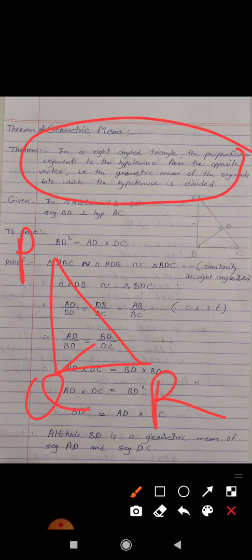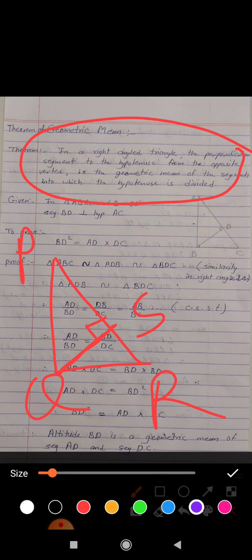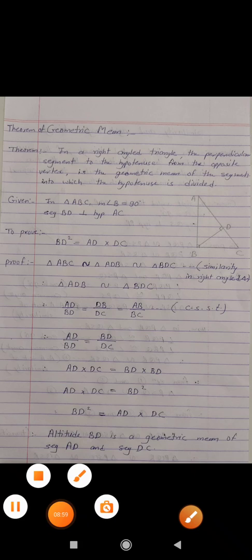Draw one altitude to the hypotenuse, suppose S. So in this figure, QS is a geometric mean, which divides the hypotenuse PR into two parts. Therefore it is called geometric mean.